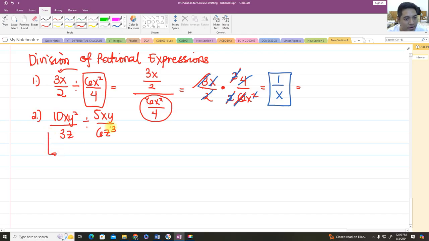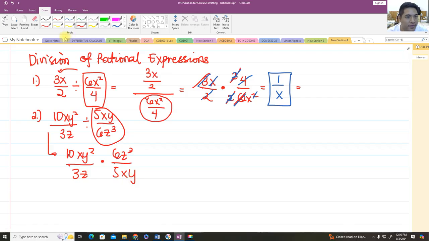Okay, for the second example, we have 10xy squared all over 3z. Now, we're going to multiply it by the reciprocal of the divisor, so you have 6z cubed all over 5xy. As you can see, let us try first to divide. So, you have 10 all over 5, that would be 2. You have 6 all over 3, this will be 2.